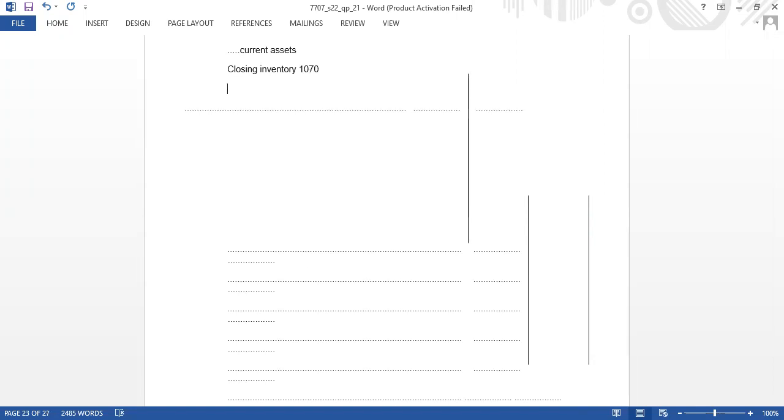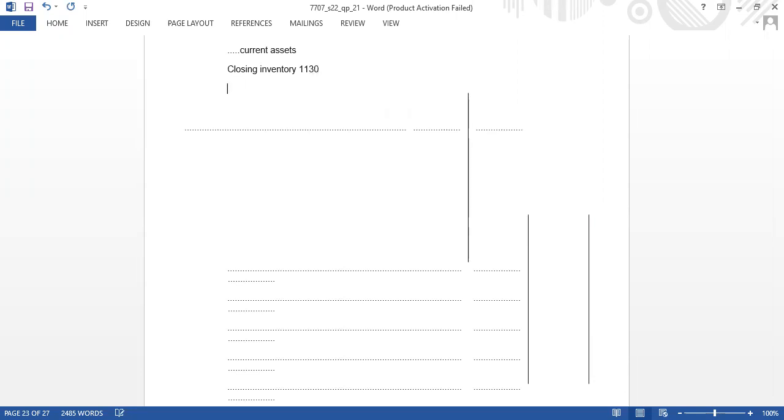Then we have closing inventory of 1130. Then we have other receivables, that means the subscription in arrears, that are 500 plus 2115.